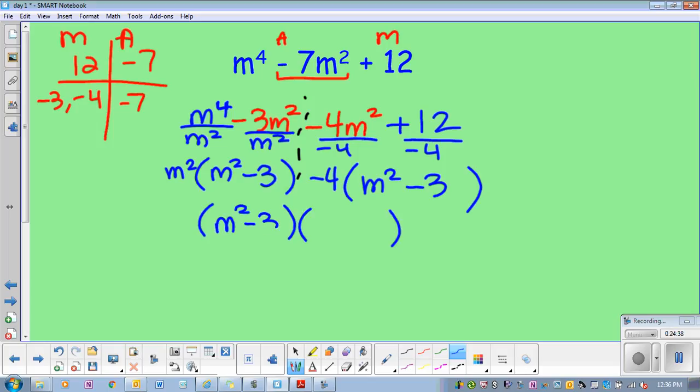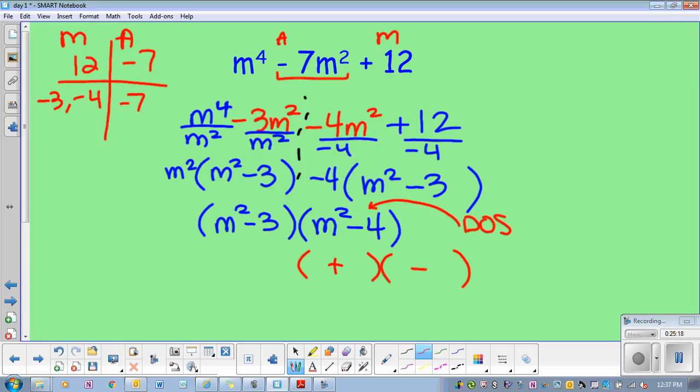All right, so for some of you guys that worked ahead, you're no longer at this problem. Go back to this and make sure you finish this, because look at that. What else can I do? Good, you can dose this one. You have m squared minus 4. It's a difference, and they're both perfect squares, and it's 2 terms. So what does this become? 4 is a perfect square, that's why you do it, because 3 is not. So remember, dose, double parentheses, opposite signs.